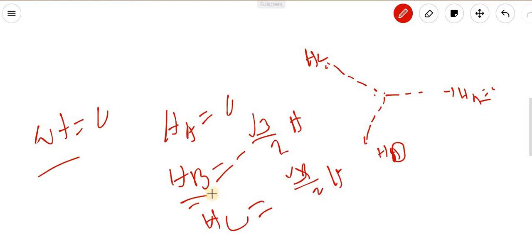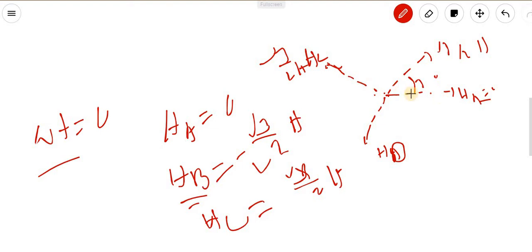HB is this one, because this is a negative value, root 3/2 H, and HC is root 3/2 H. Now this one is 60 degree.